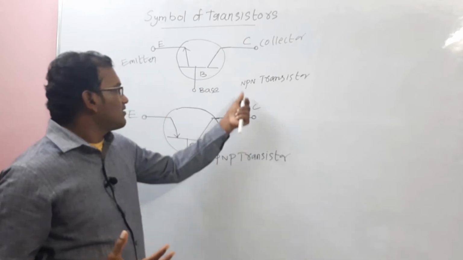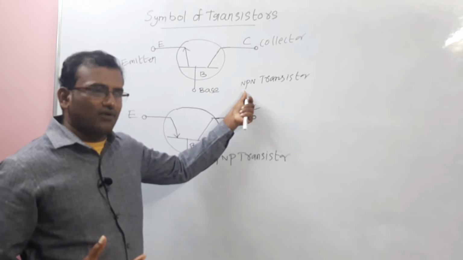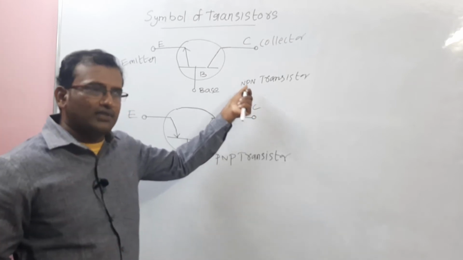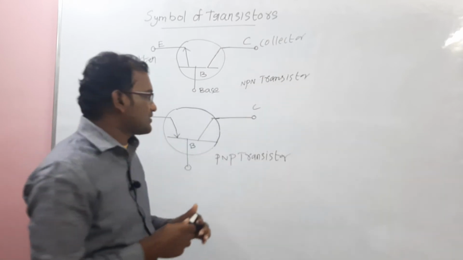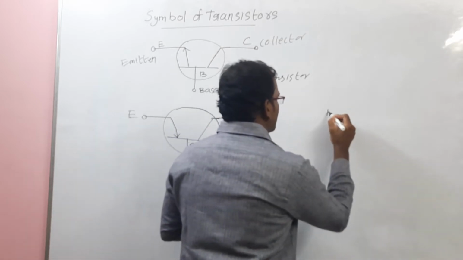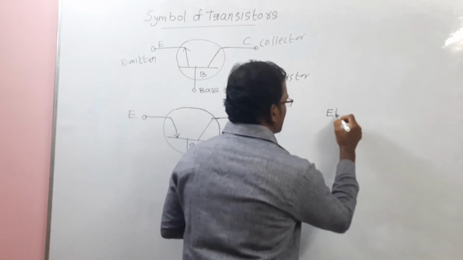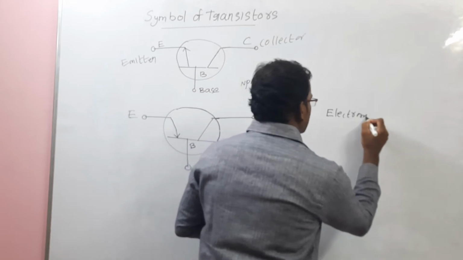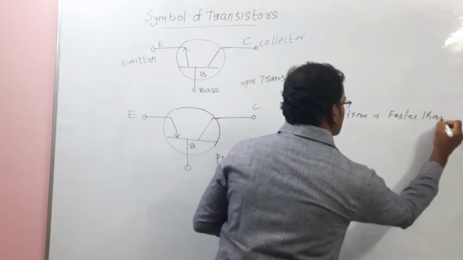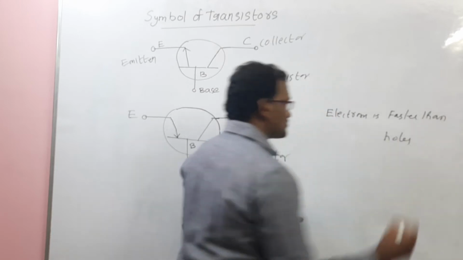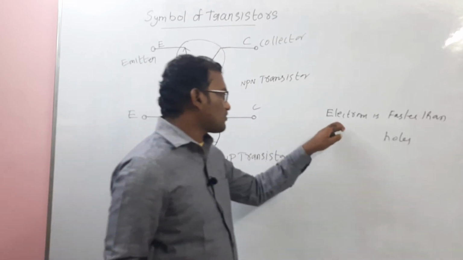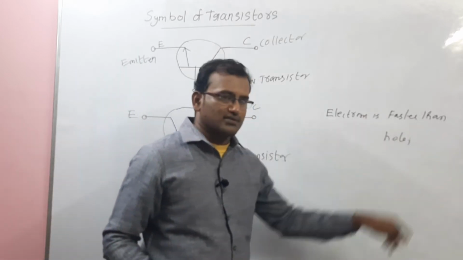The NPN transistor is always preferred in electronic applications. Let me tell you why. The mobility of electrons is faster than that of holes. Of the charge carriers, electrons are faster than holes.